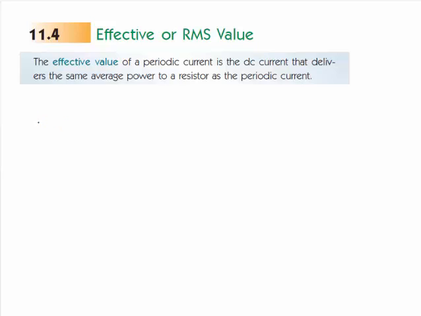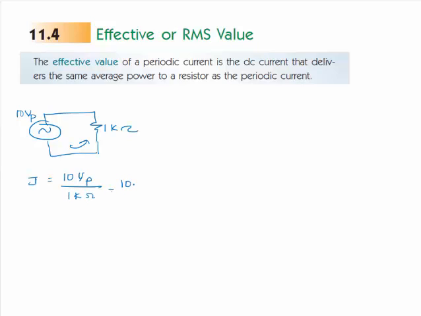If I have a resistor circuit, and it's an AC source, 1K ohm, 10 volts, and I'm running 10 volts peak right there, and I calculate the power dissipated by this load, I can tell right now that the current I is 10 volts peak divided by 1K ohm, which is going to be 10 milliamps peak.